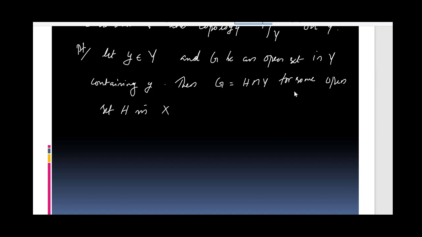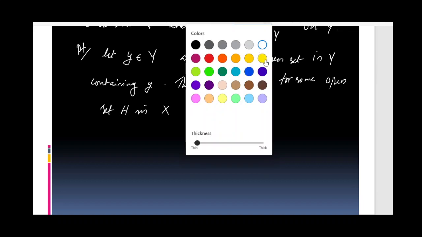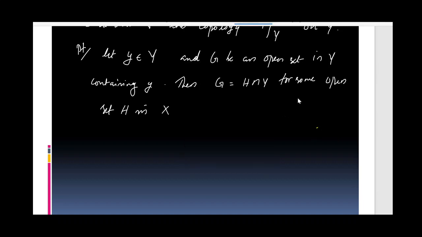Here you have X, and in this X you have a topology tau.